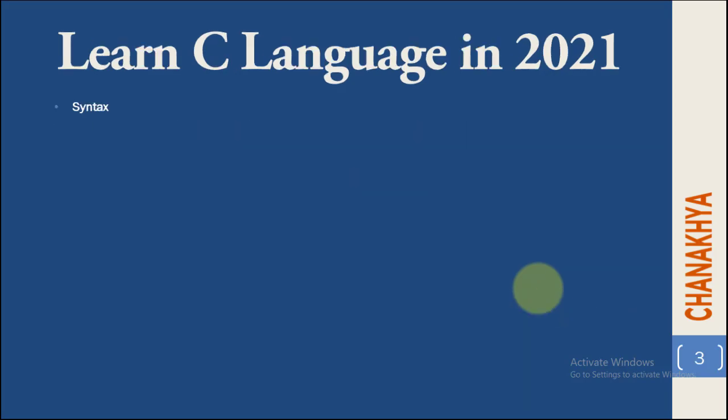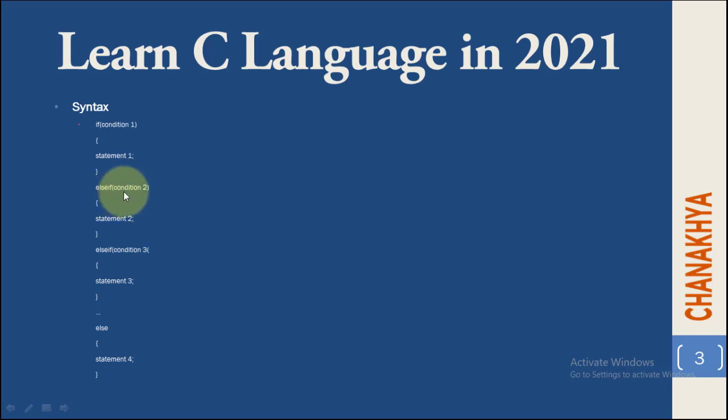Next we have to understand how to write the syntax for the else if statement. So this is our syntax. First of all, you write your if, then here you put the condition. If this condition returns true, then this statement gets executed. Now we put condition number 2.